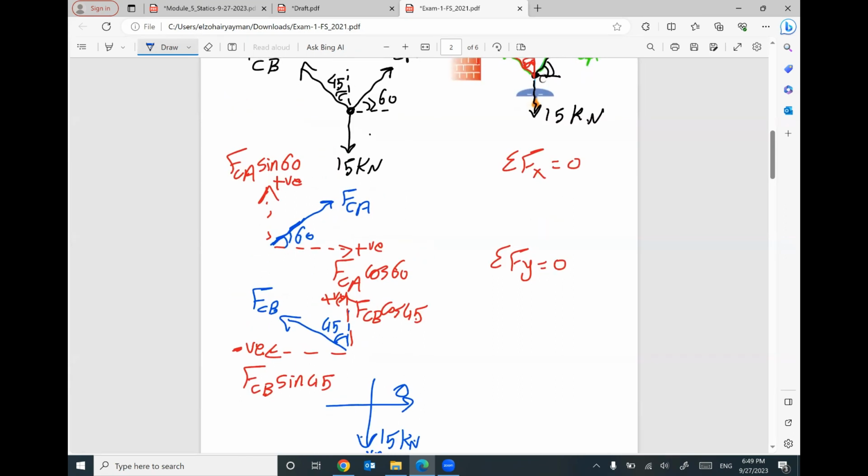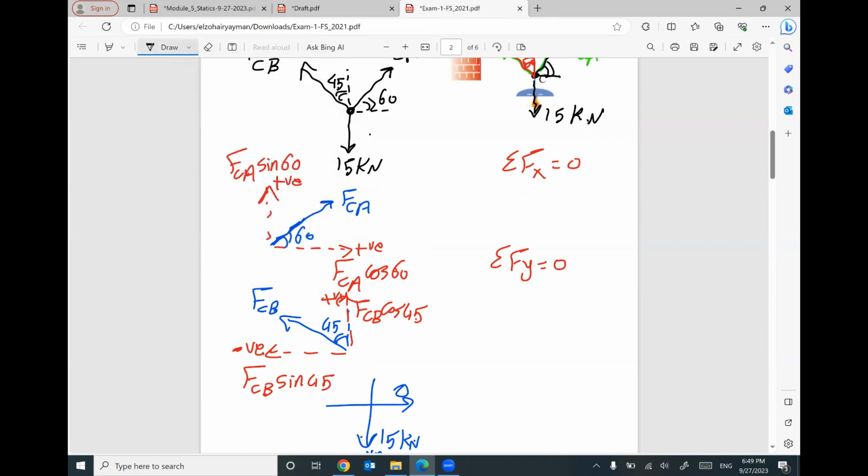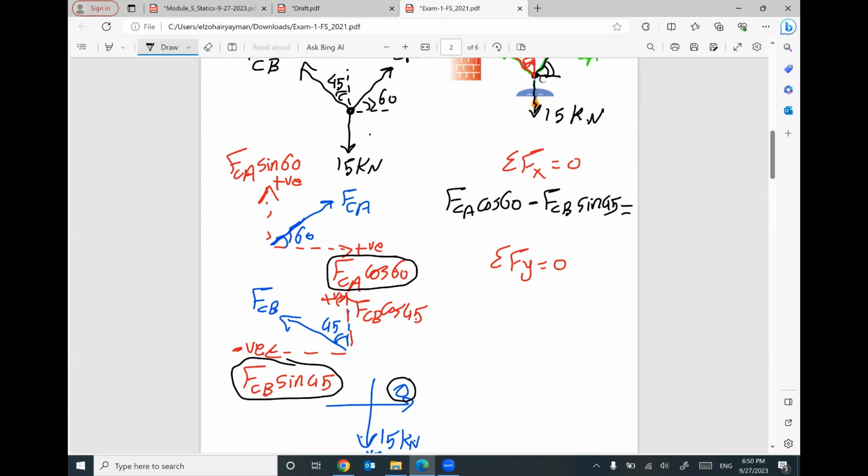Then I can apply summation of all forces in x direction equals 0. We have this one. We have this one. And we have this one. So FCA cosine 60 minus FCB sine 45 degree plus 0 equals 0. Summation f of y equals 0.